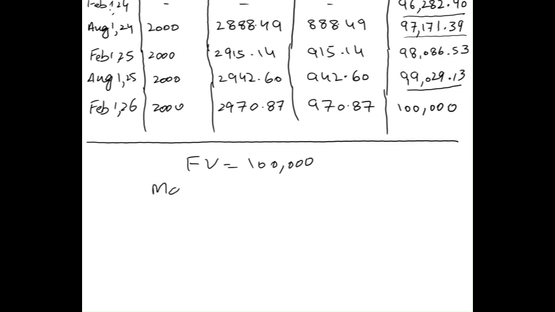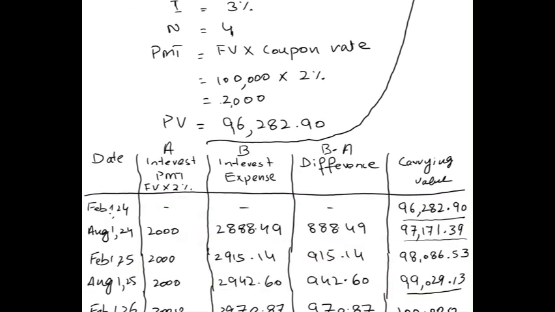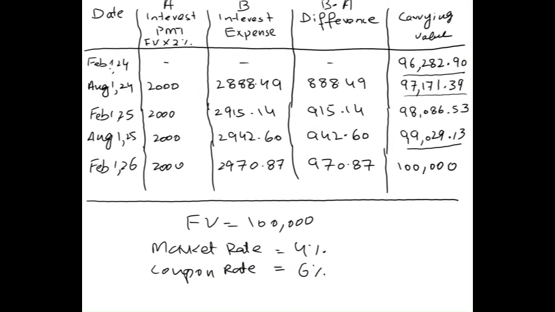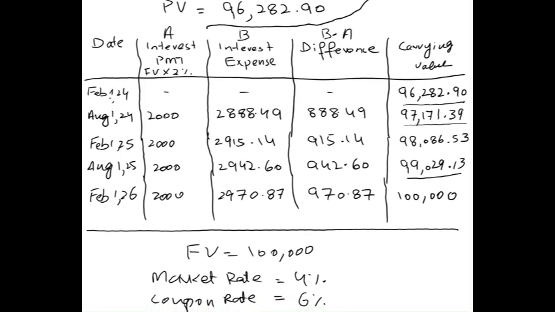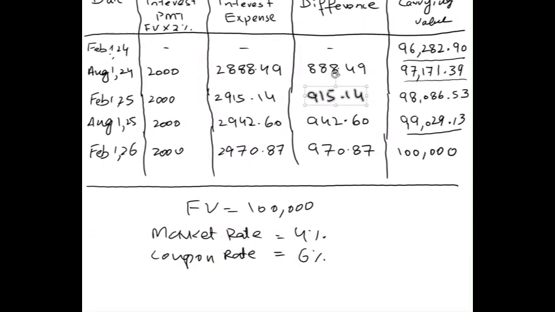The market rate is now 4%, and coupon rate is 6%. In our previous example, the market rate was 6%, but now coupon rate is 6%, and then the market rate was here 6%, but now it is 4%.